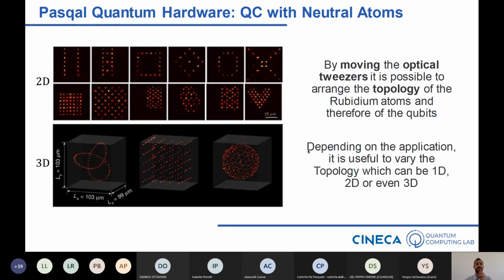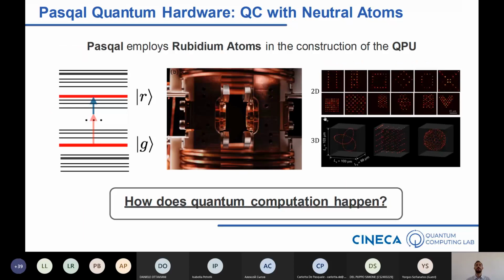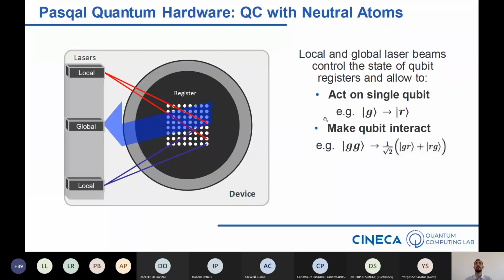Okay, so let's go on. We understood that Pasqal devices encode qubits into the electronic structure, in the ground and the Rydberg state. We have this vacuum chamber and optical tweezers that can arrange them in different topologies, but how is quantum computation performed?